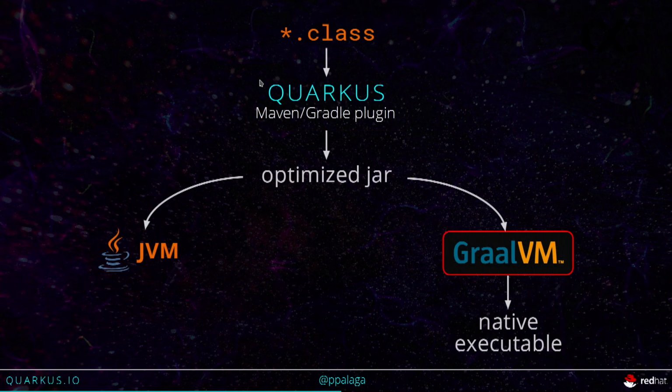So far we spoke about the tooling, Quarkus itself, what it does, how it produces the optimized jar. Let's speak about GraalVM and its further optimizations. When you nowadays hear about Graal, it may refer to two distinct things.